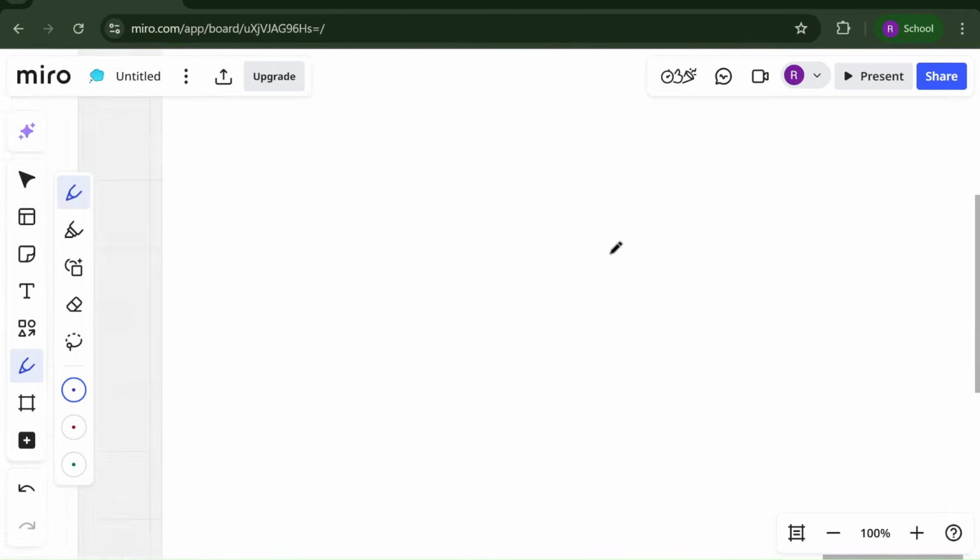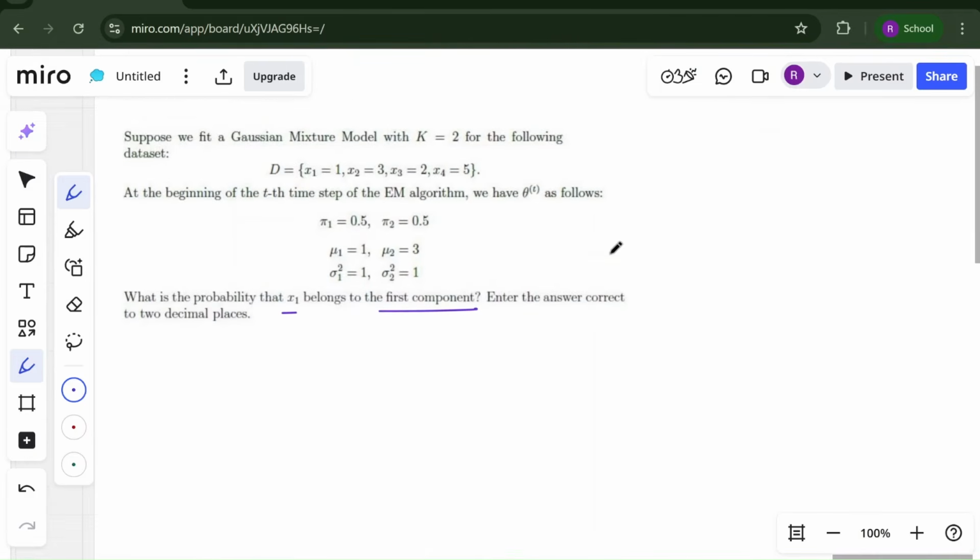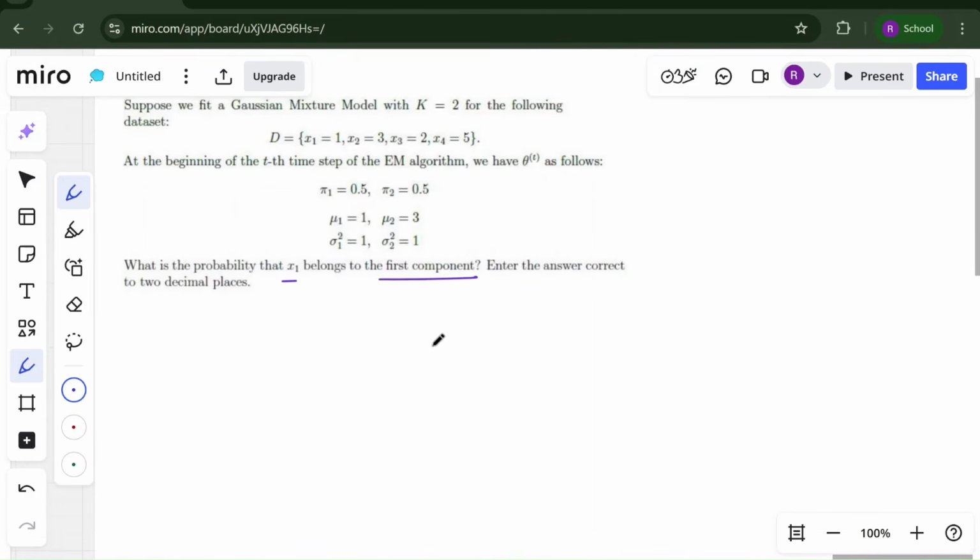What do you have to compute here? You're talking about the first component. So you have to do pi1 times normal distribution of x1. Why x1?